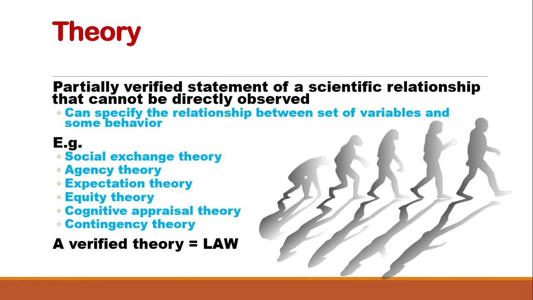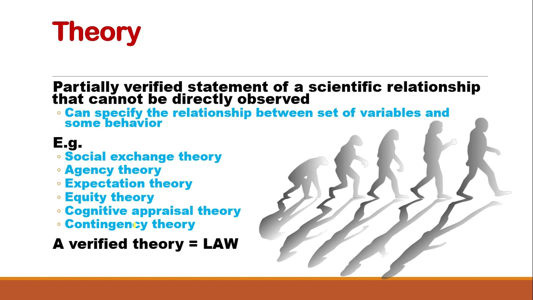Our next topic is theory. Theory is very important whenever we are talking about a scientific approach to research. In essence, a theory is a partially verified statement of a scientific relationship that cannot be directly observed. If the theory is stated formally, then these statements consist of a set of interrelated propositions.